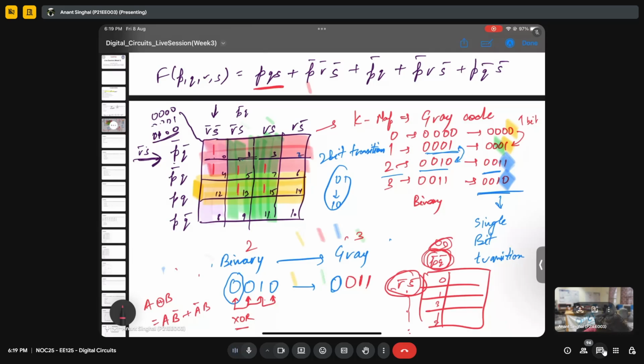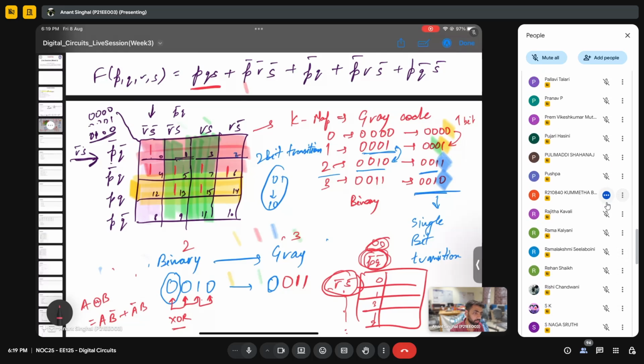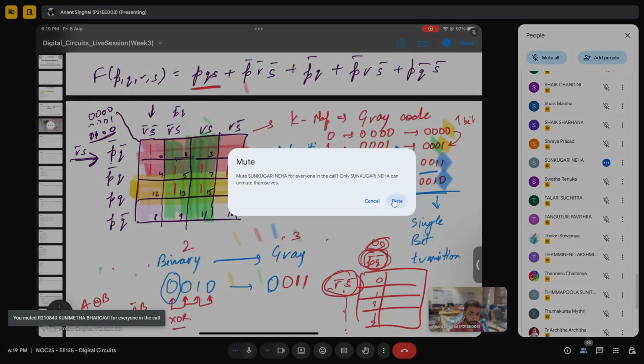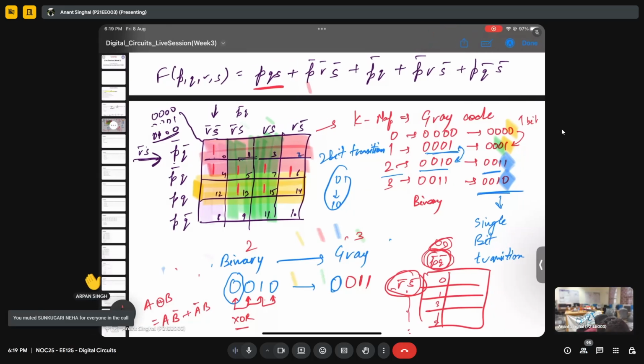Similarly, it's P bar Q. So P bar Q is this line. Now the third term is P bar Q, which is the second row.